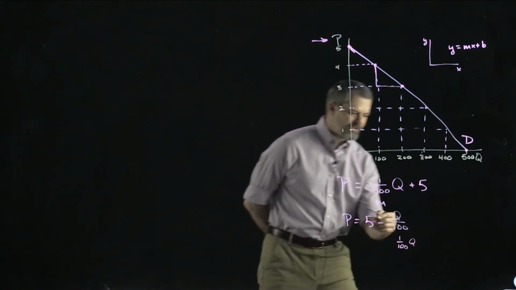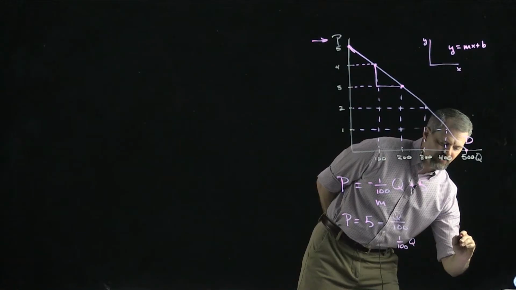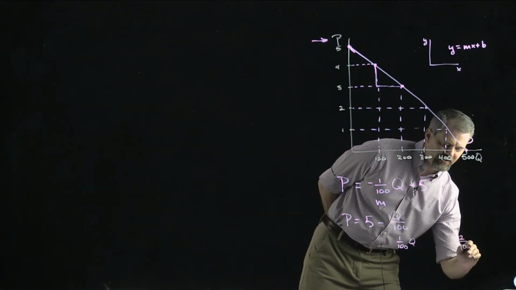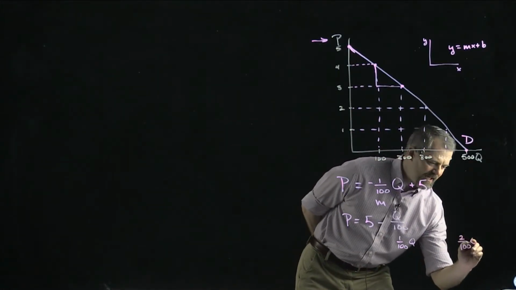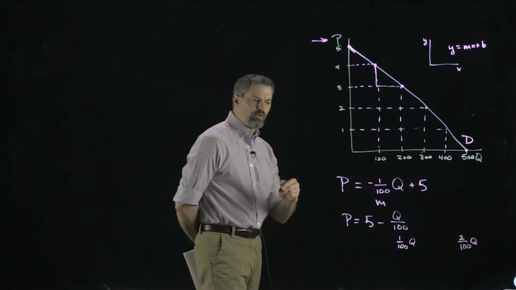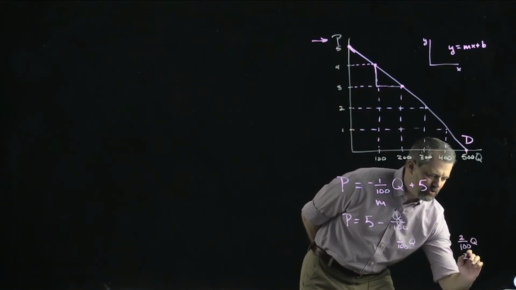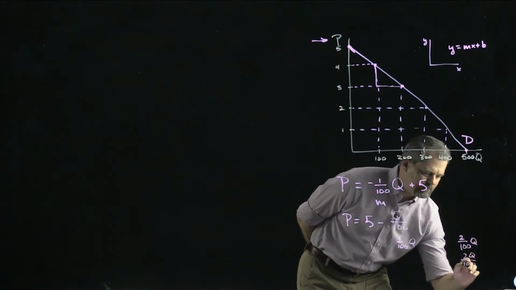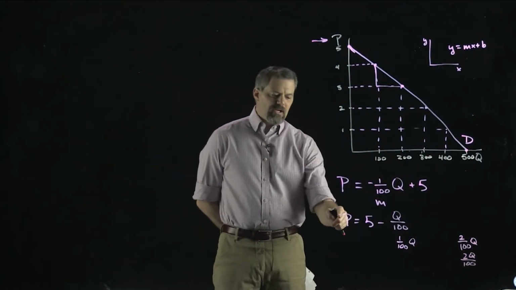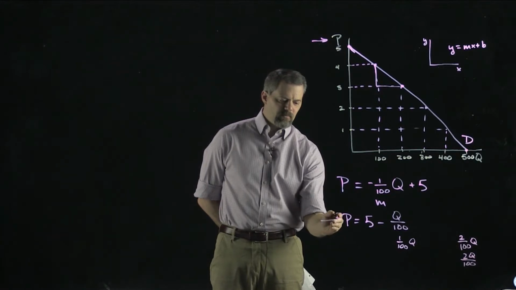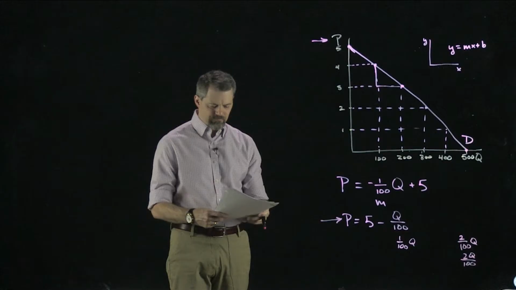If, for example, the slope was 2 over 100 instead, and I realize I can reduce that but I don't want to yet, then 2 over 100 times q would just be written as 2q over 100. Okay? So here's the functional form for this line, for that demand curve.